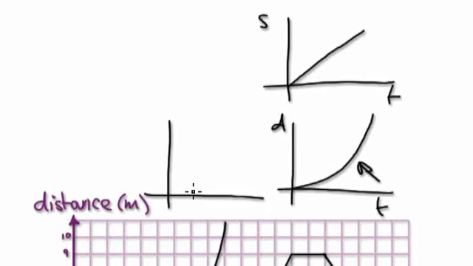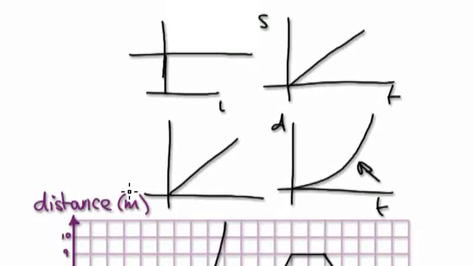In our case here, the distance-time graph is a straight line, so the speed-time graph will be constant. Over on this side the acceleration will be constant, whereas the acceleration over here would be 0.